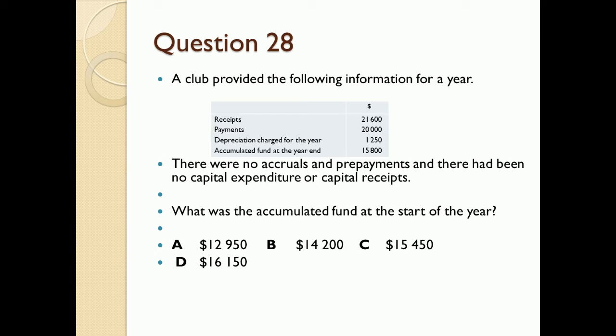Okay. What was the accumulated fund at the start of the year? Your profit for the year was added to your opening accumulated fund, and then 15,800 is your closing value of accumulated funds being shown. So what we have to do is reverse, we have to subtract. If we made profit from that accumulated fund, then we can arrive at the opening balance.